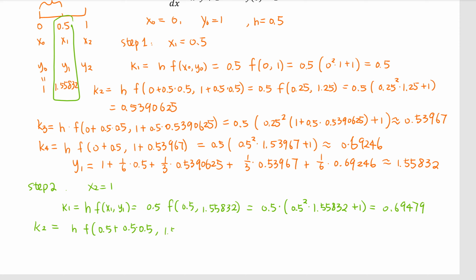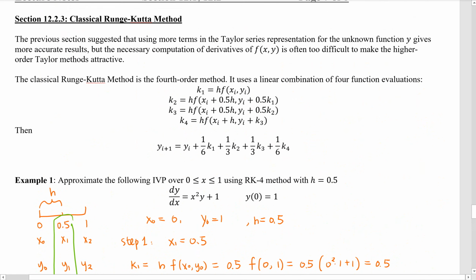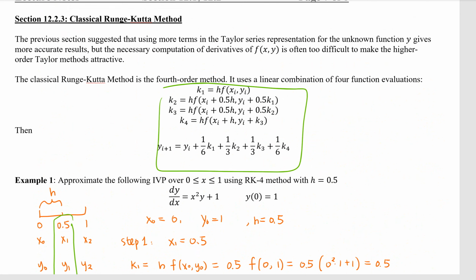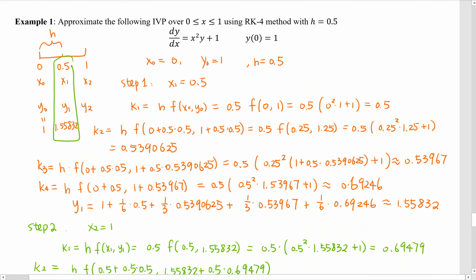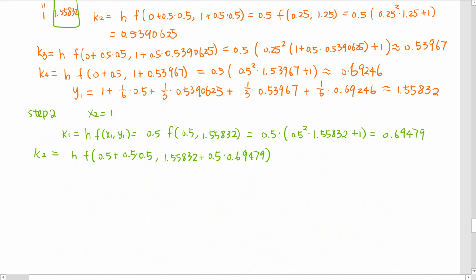Y1 is 1.55832 plus 0.5 K1. K1 is 0.69479. Is that okay, everybody? We are using these formulas. Okay? By the way, those formula will be given in the exam. So you don't need to memorize it.